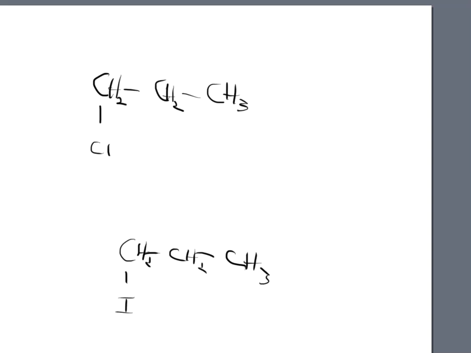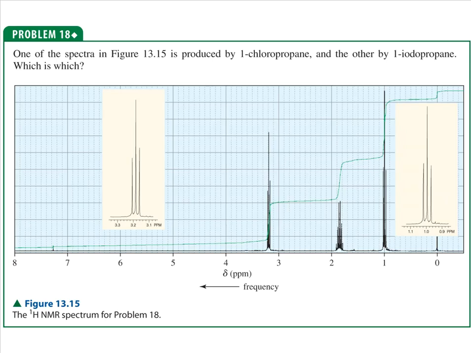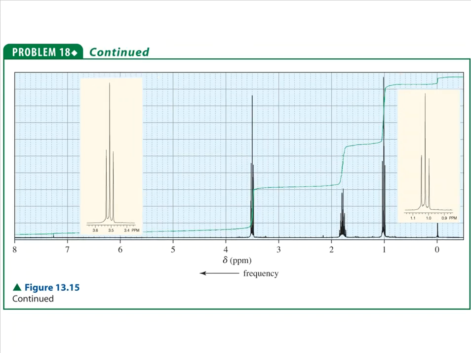All right, so now this example problem is going to tell us, look at this thing, and you need to figure out which one's which. One of these represents the chloropropane, and one of these represents the iodopropane. So here's one NMR, and then watch closely, there's the other NMR.